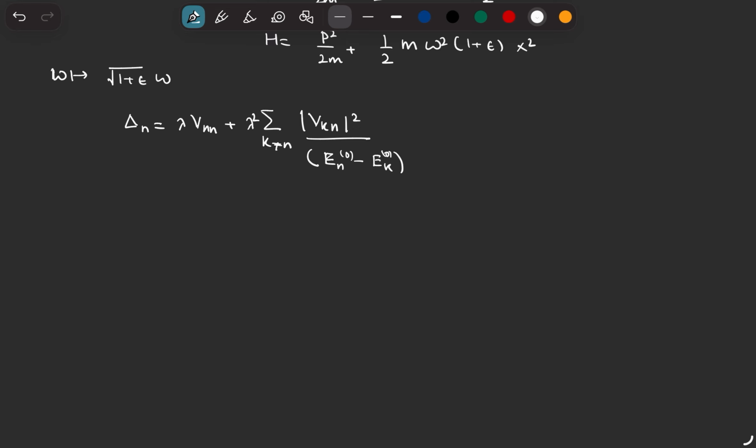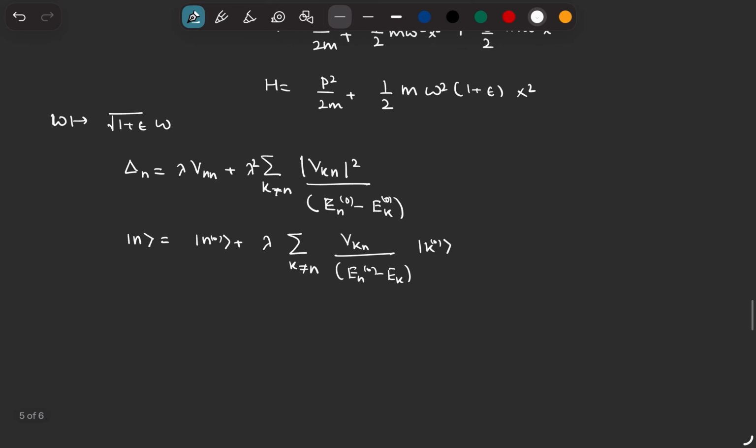So this is the correction to the energy, and similarly the eigenstate will be |n0> plus lambda times a correction, so this is the correction up to first order.